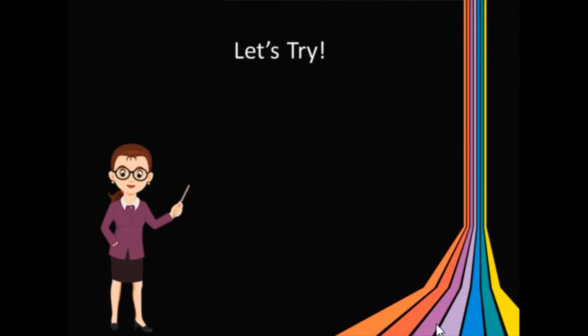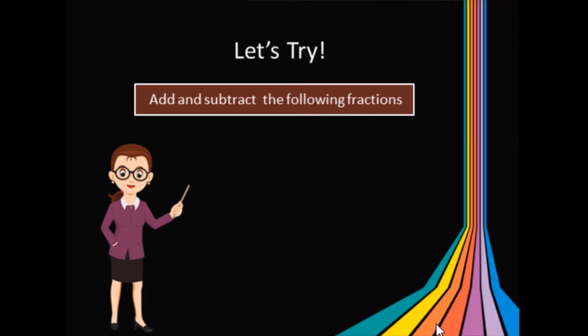Okay, let's try this one. Add and subtract the following fractions. I have here fractions, and you help me add and subtract them. For the first batch, let's have equal denominators.